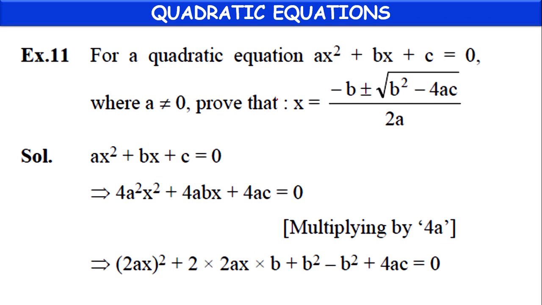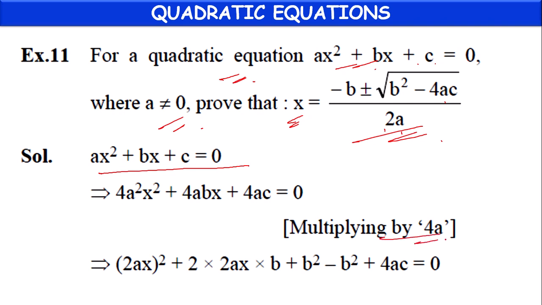So, example 11. For a quadratic equation ax square plus bx plus c equal to 0, where a is not equal to 0, prove that x equal to minus b plus or minus root of b square minus 4ac by 2a. We have to prove it. Now, ax square plus bx plus c equal to 0 is there.